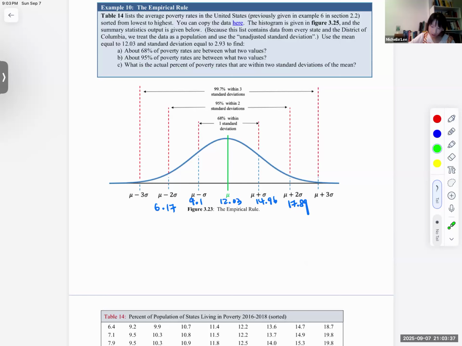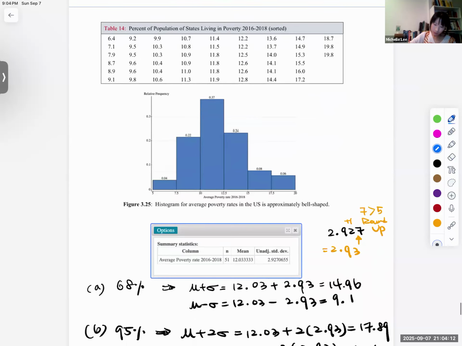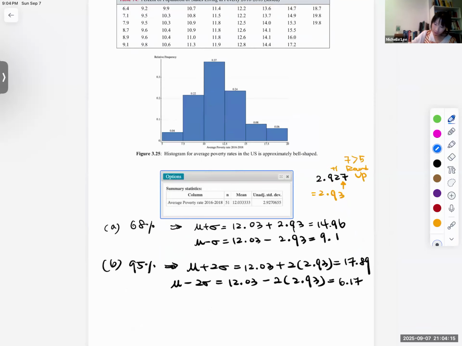So those values, two standard deviations, are 6.17 and 17.89. Let me write down: between 6.17 and 17.89. Can you please count how many there are?